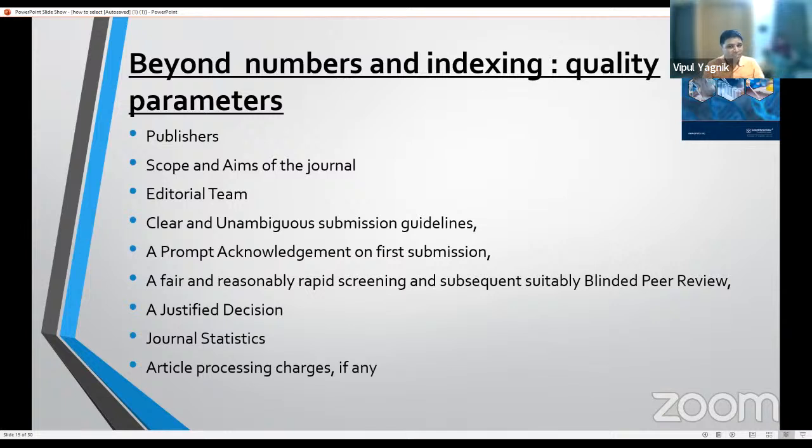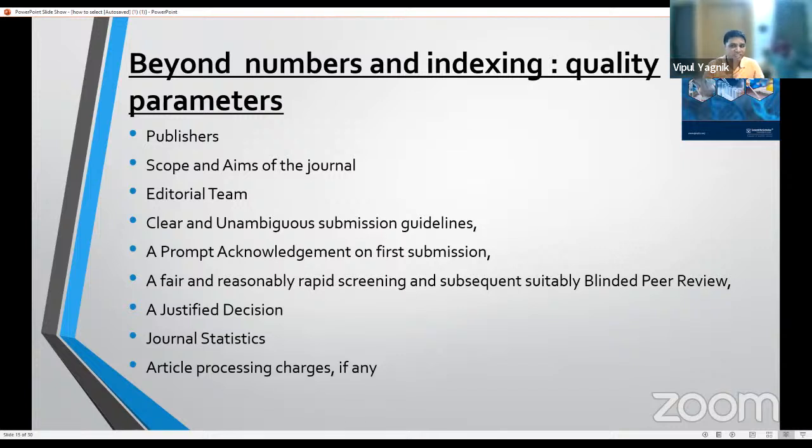So far we have seen things which decide the quality of the journal, like impact factor, CiteScore, SCImago Journal Rank, and indexing of the journal. So beyond that, what qualifies quality journals, or what are the other quality parameters that you have to look at, because each and every journal doesn't have an impact factor.